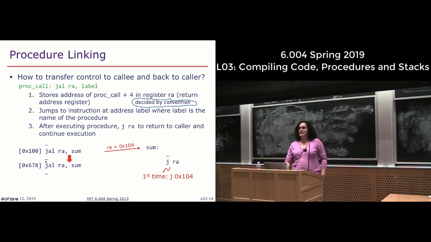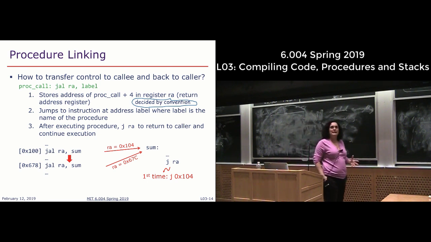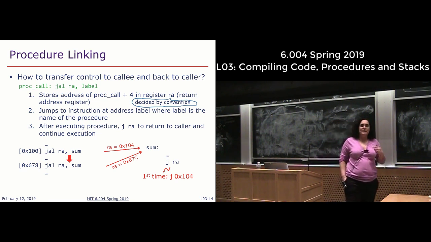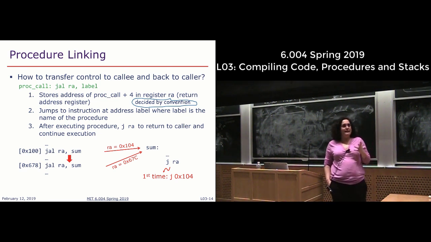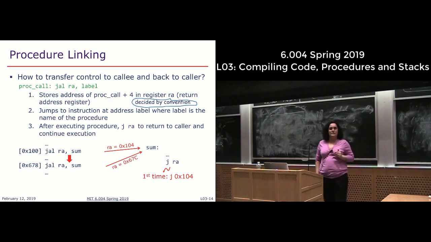So I then continue executing my code, and now I reach another jump and link instruction, and this time what's going to get stored into my return address is 0x67C, which is 4 more than 0x678, okay? And so once again, I can execute the exact same code that I executed before, except that now when I say jump to RA, it has a different meaning and it takes me back to another place.